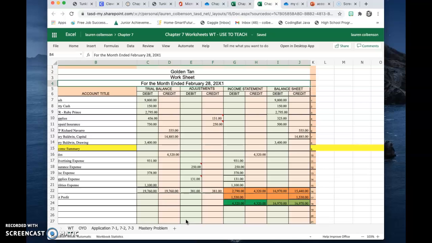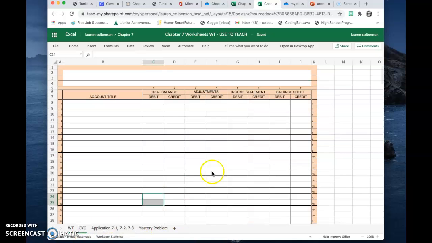The on your owns are done right below it, and they give you a blank worksheet to start working on your own. Okay? Hopefully you won't have any trouble with the on your own or the application problem. Again, it's just a worksheet. You're going to do each of the columns. All the information is provided for you.